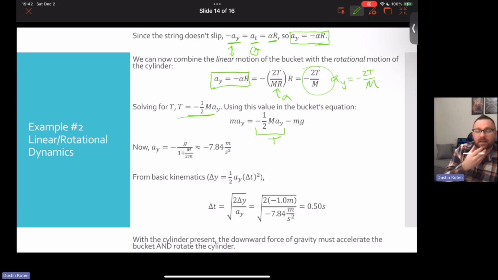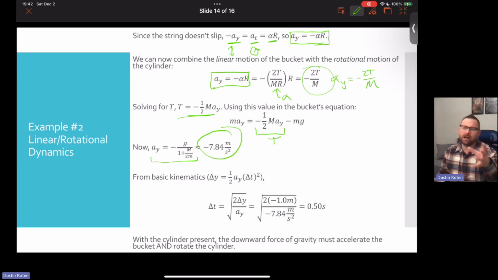And notice that it has the mass of the cylinder. So we have this rotational piece inside the linear Newton's second law. Now we're going to simply solve for a sub y, which is just some algebra, and that's going to give us a negative acceleration of negative 7.84 meters per second squared.